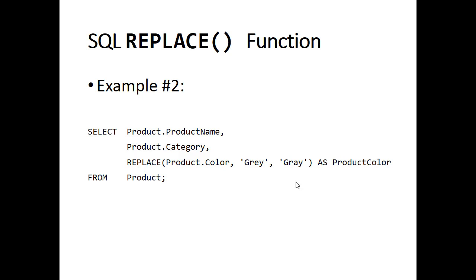Say I'm doing a catalog for all of my American customers. That makes more sense to use the American spelling. If I was doing one for my English customers, my British customers, I'd swap those. I won't run this, but you can see what that would do. It would change every instance of gray with an E with gray with an A.